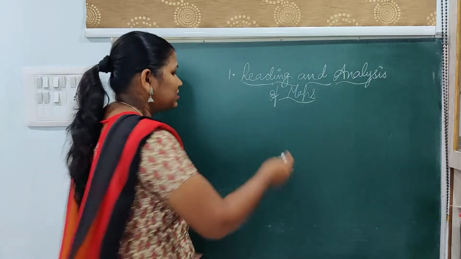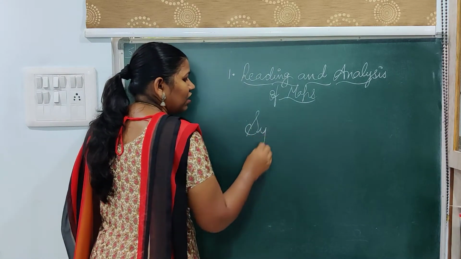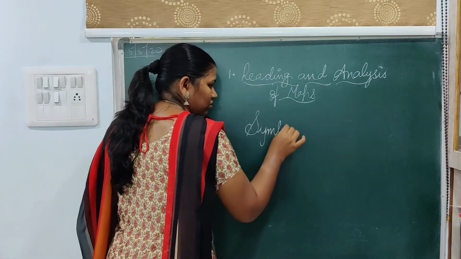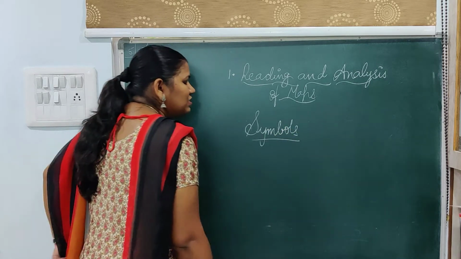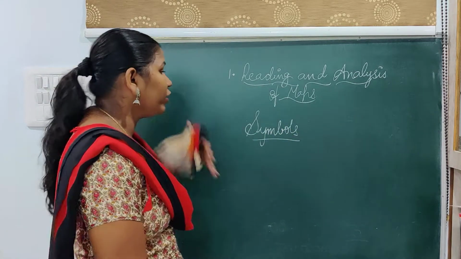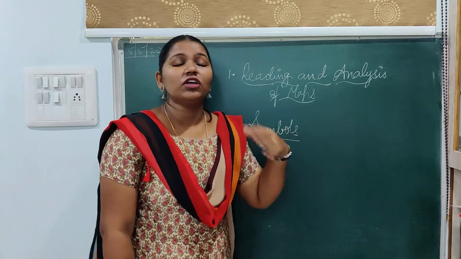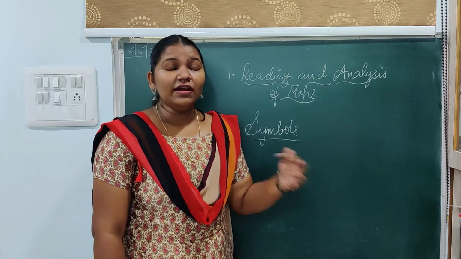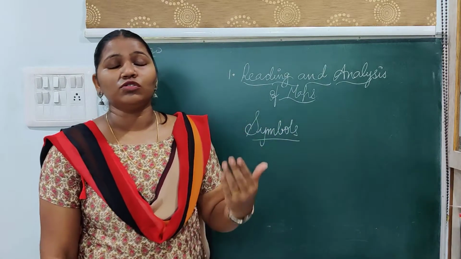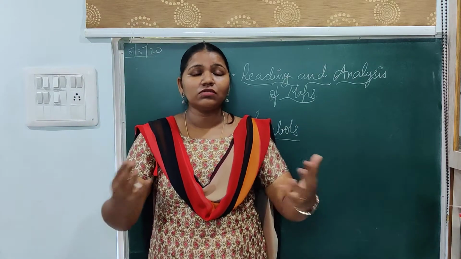By using what? Symbols. I already said that in the previous class, in the 7th class also you learned about that. Through the symbols you can locate or show everything on the map, right? Different symbols are used to locate different things.